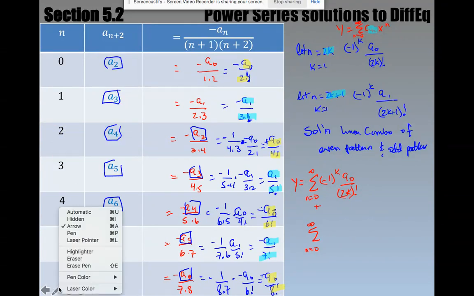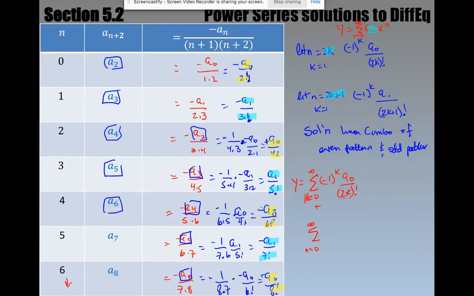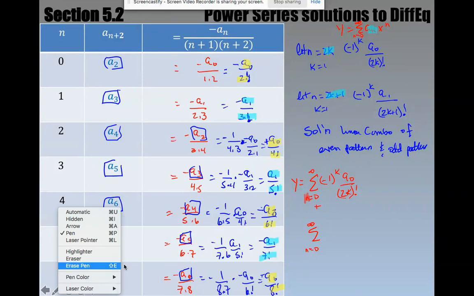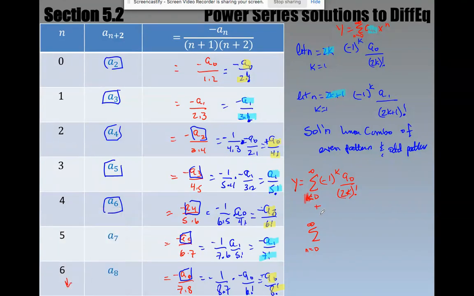Oh, kind of gave something away. Gosh darn it. x to the n is equal to what? x to the 2k, right?